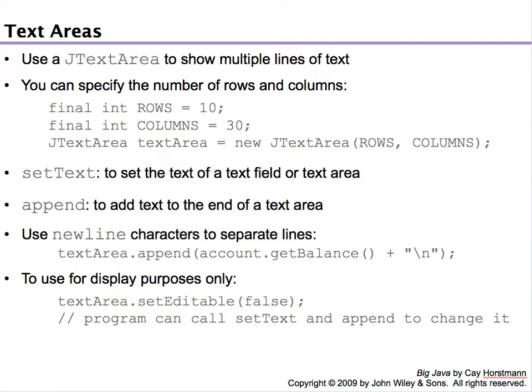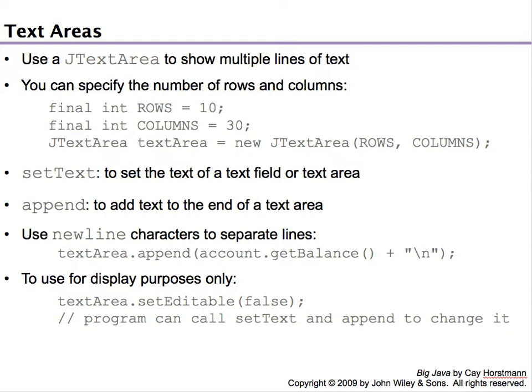You may also go to the API documentation, and you can follow the link from Blackboard and go to the class JTextField or JTextArea and look at the properties and the methods that this class has. JTextArea is very similar to JTextField.